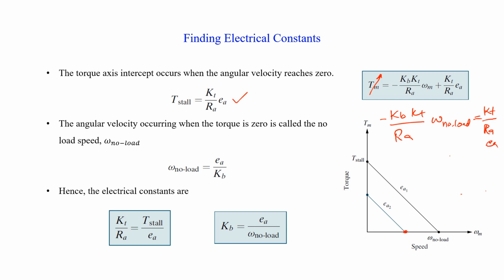Now Kt by Ra will be cancelled out on both sides, and we are left with what? And by the way, there is no negative sign. This is now on the other side, so this is positive. Now we'll be left with Kb into omega no load equals Ea. And from here we can find the expression for omega no load written here.